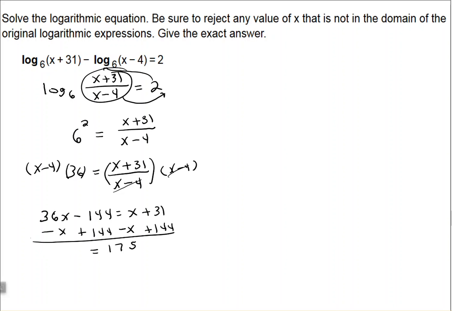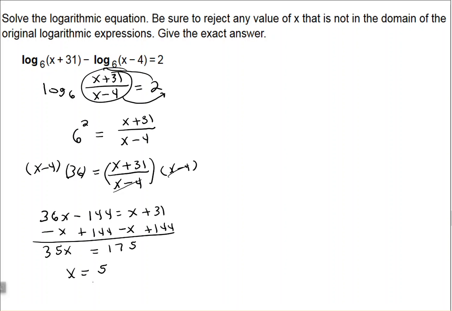All right, and then the final step for solving for x would be to divide both sides by 35. Therefore, x equals 5.